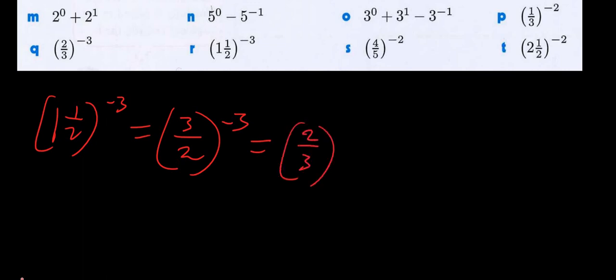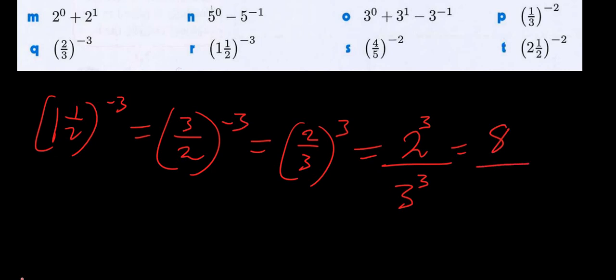Now you can simply distribute the exponent, giving you 2 exponent 3 over 3 exponent 3. This will be 8 over 27. Final answer to this question.